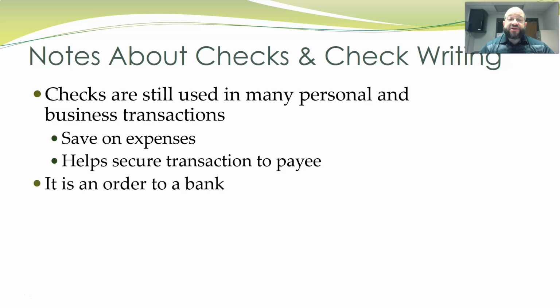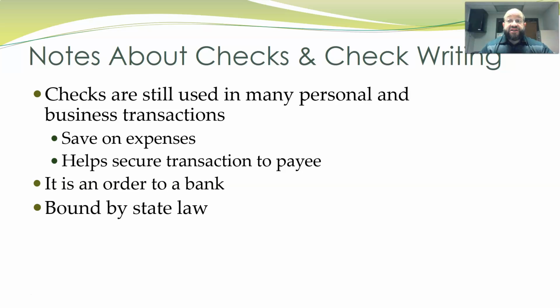It is a contractual order to the bank. When you write a check to somebody, you're making an order, a contract saying, if you take this to my bank, you are guaranteed to get paid this amount of money. And bank, when you receive this check, I order you or direct you to pay this person the amount written on the check. Because it is a contract, it is bound by state law.